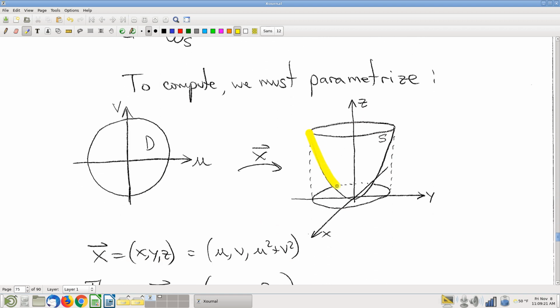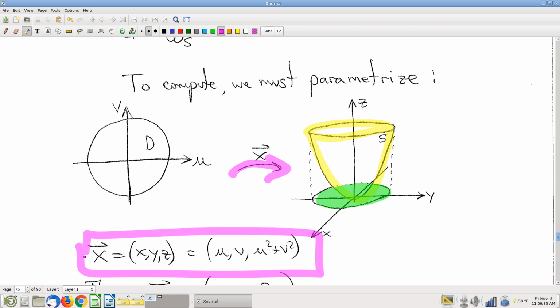We were looking at the part of a certain given paraboloid that sits above the unit disk down here in the plane. I'm going to parameterize with the graph parameterization. If you don't remember the graph parameterization, flip back to the appropriate section where we talked about this. The big idea is if you have a graph, then z is already a function of x and y.